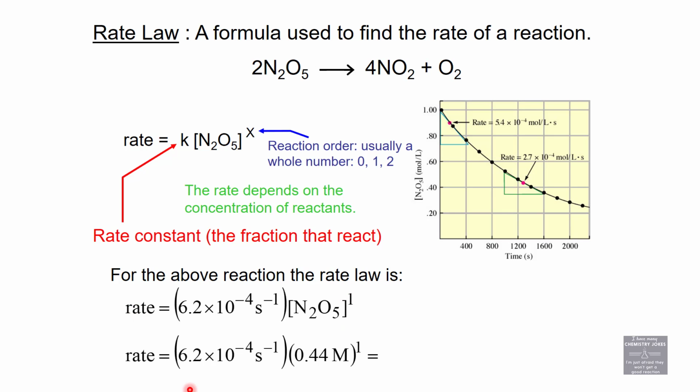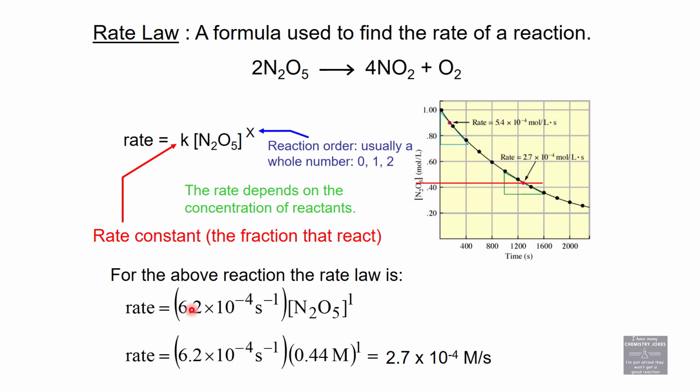So if I try to define the rate at this specific concentration of 0.44 molar, that means I go over here and find this little dot that's at 0.44 molar, and I determine the rate is 2.7 times 10 to the negative 4th molarity per second. So this is the rate. What that's actually telling me is the slope of the line at that very particular point where the concentration is equal to 0.44 is 2.7 times 10 to the negative 4th molarity per second.